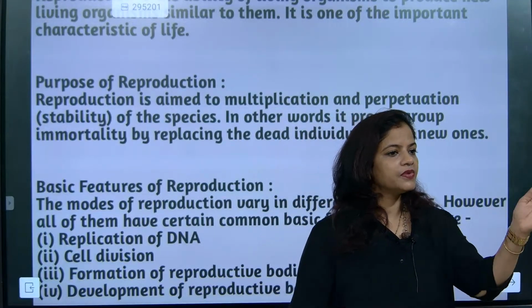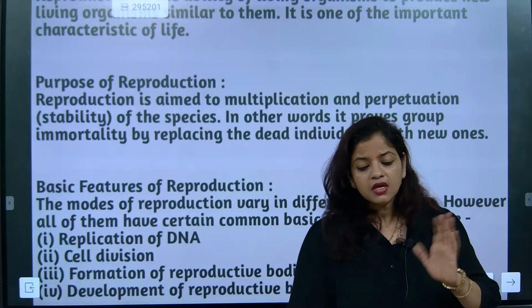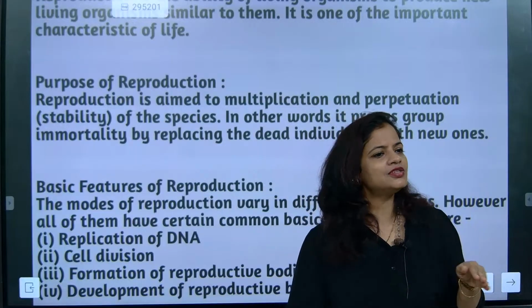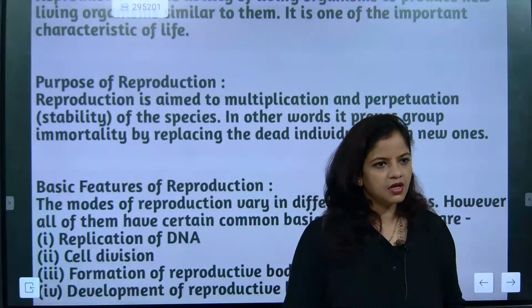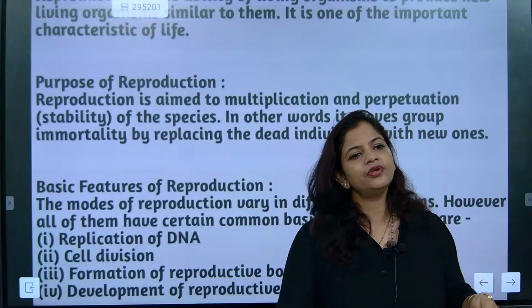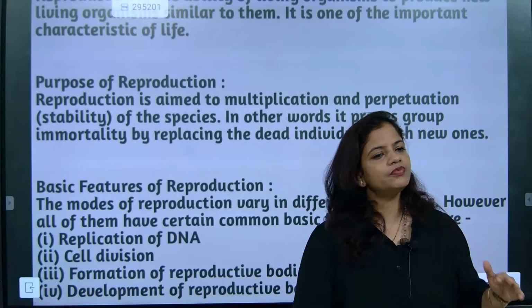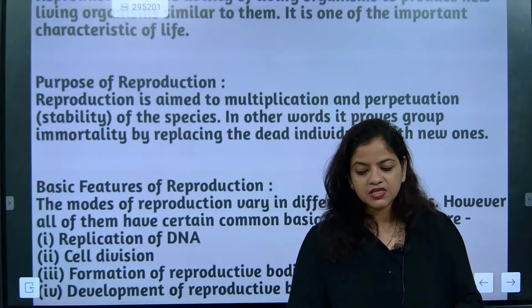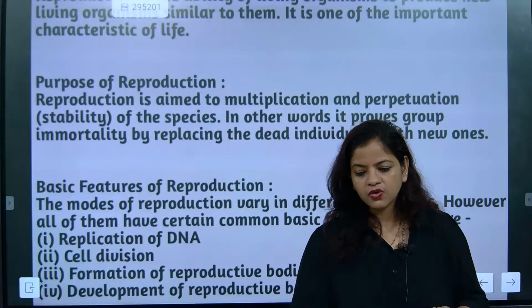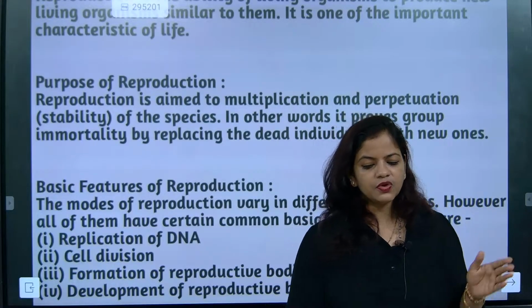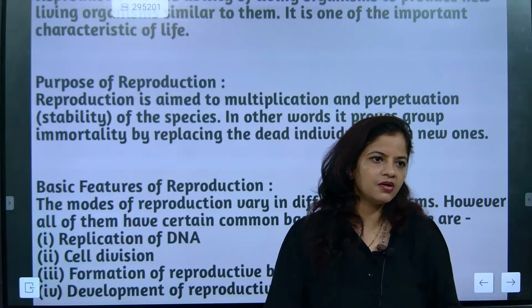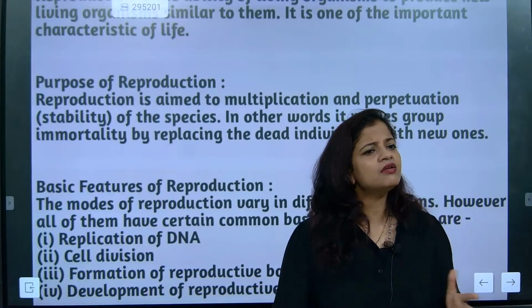Now look here, beta. Just understand this. See, one species, it is not like my great grandfather. If my great grandfather were here on earth, then what is the need of me? Correct? So that means, in a species, one is dying, another one is coming, of the same type but with a little bit of variation.